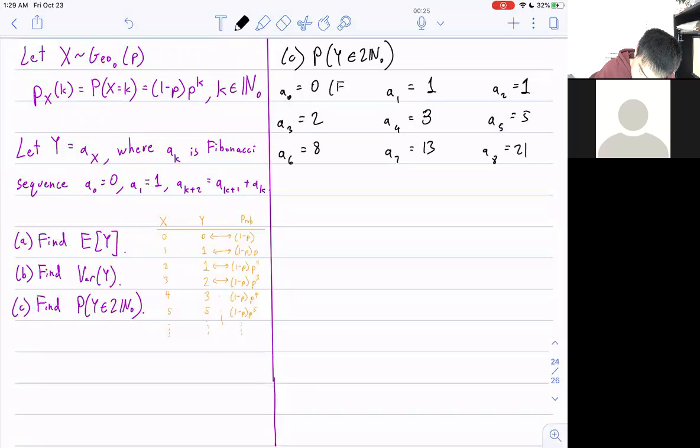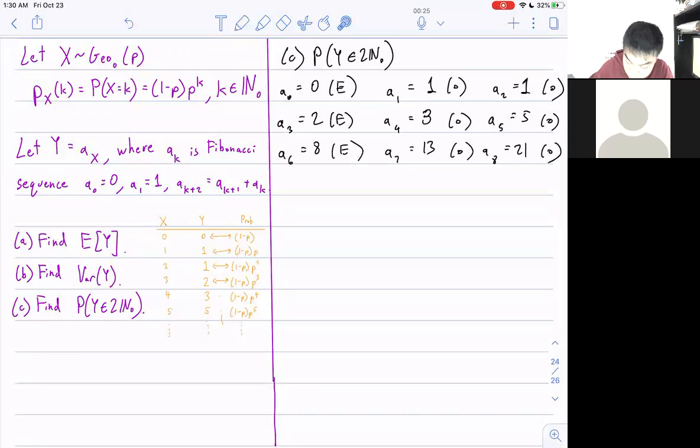So notice that there's a pattern. All the even terms of the Fibonacci sequence correspond to every third multiple of the index, and all the odd terms of the Fibonacci sequence are just the non-multiples of three.